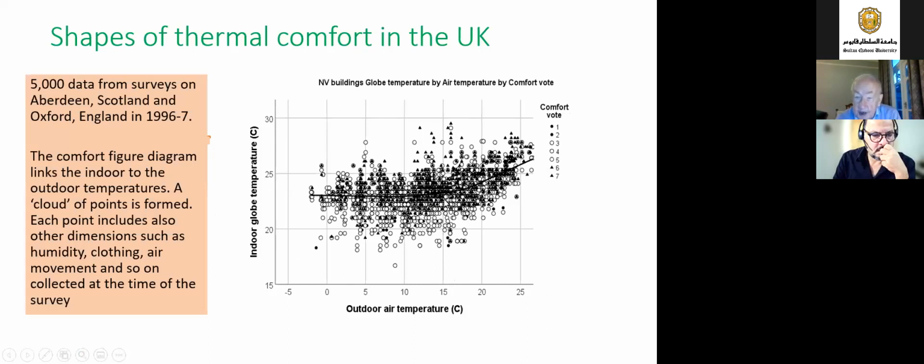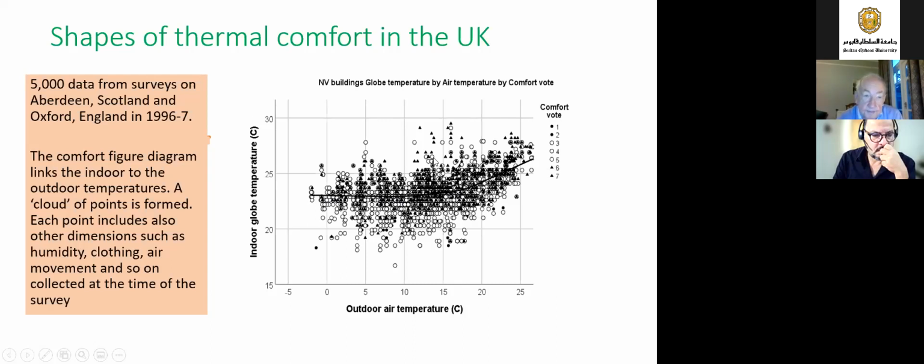Above 15 degrees, the indoor temperature tends to start rising as the outdoor temperature increases. And below 15 degrees, the temperature, this is the LOESS regression line, is more or less horizontal.